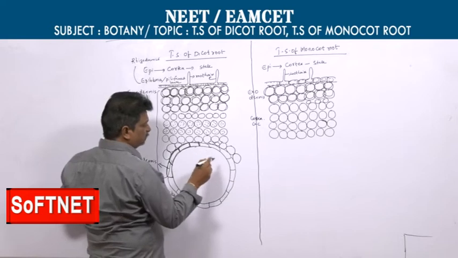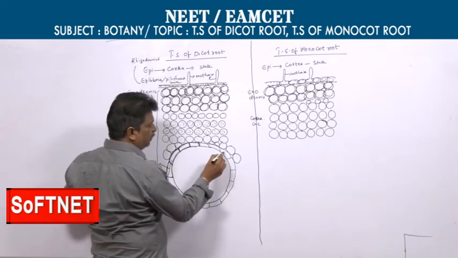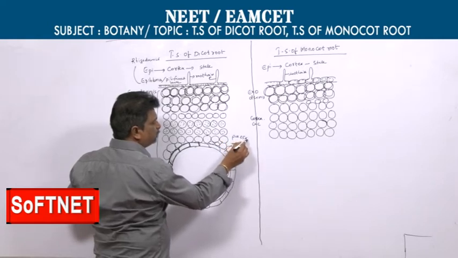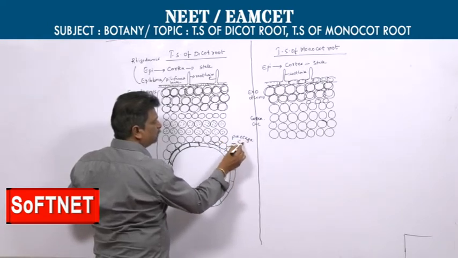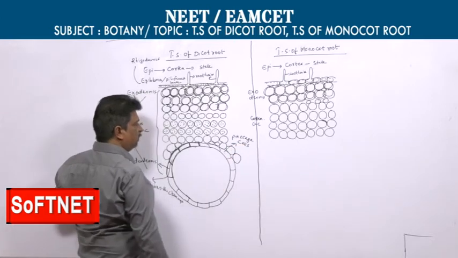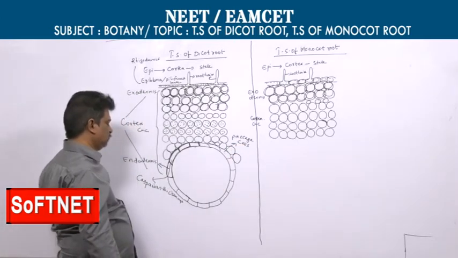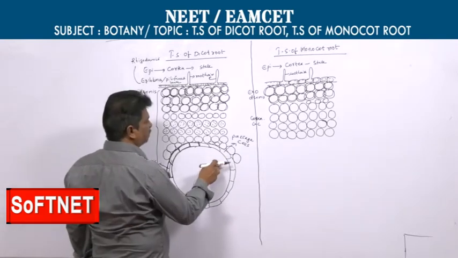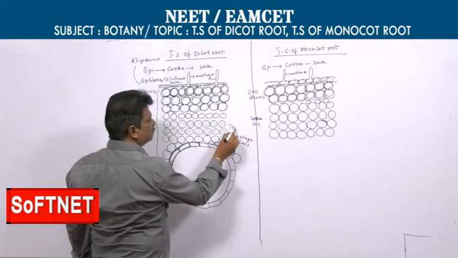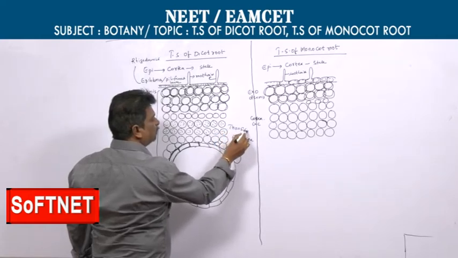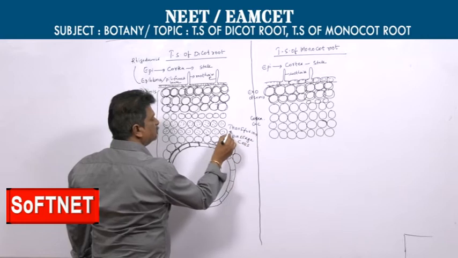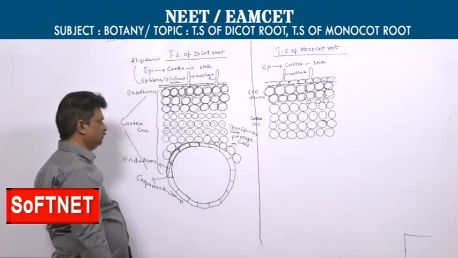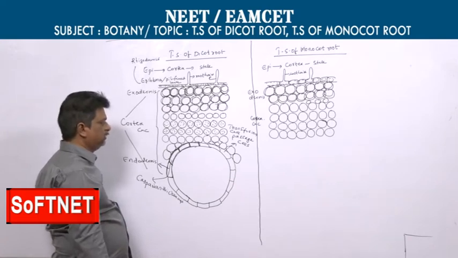Some of the endodermal cells exactly opposite to protoxylem are thin-walled. Such thin-walled cells are called passage cells or transfusion cells. Through that, conduction takes place.